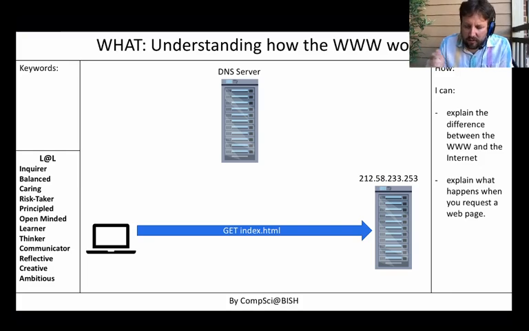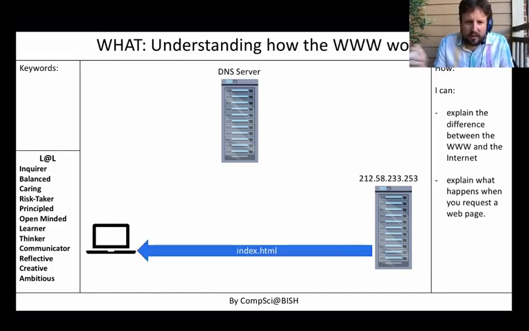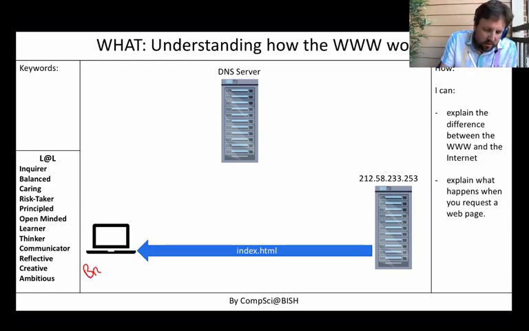Assuming there's no reason why it can't, our server will then send back that web page, which the browser on our client will then interpret. So the client receives index.html, and our browser will start to interpret the HTML code that makes up that web page.